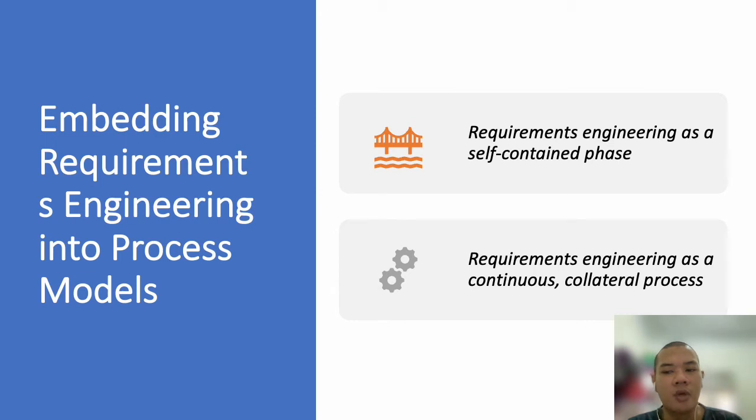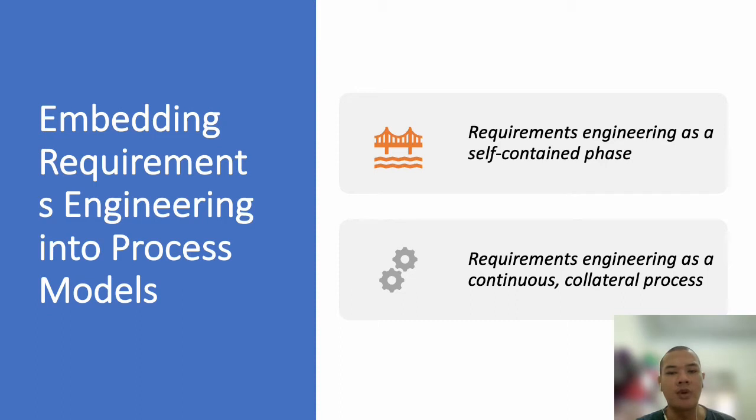In this process model, requirement engineering is treated as a continuous, comprehensive process that comprises and integrates all phases in the system development. So this is a big difference from the first model. In the first model, we elicit all the requirements in the first phase.